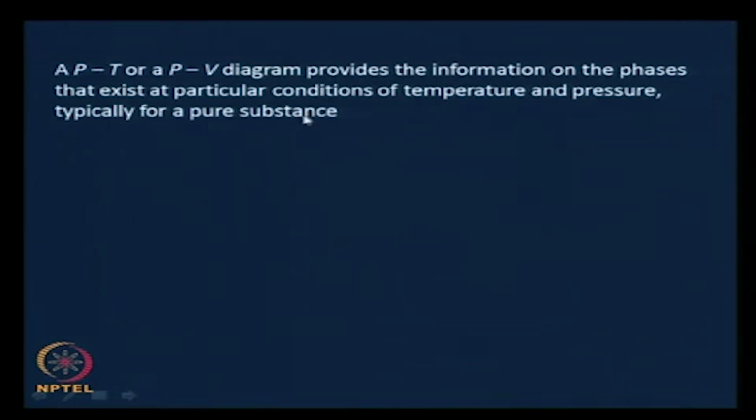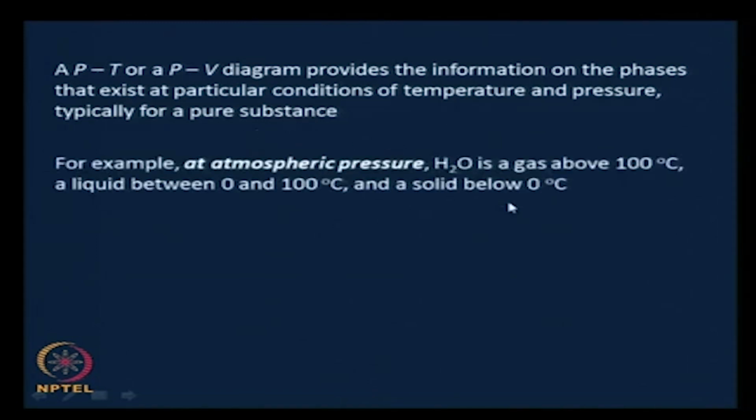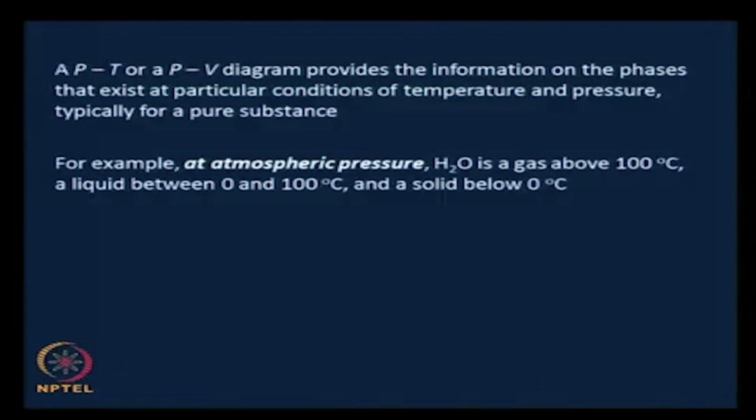We had already mentioned this: a PT or a PV diagram provides information on the phases that exist at particular conditions of temperature and pressure, typically for a pure substance. For example, we said that only at certain conditions of pressure, temperature and specific volume do these transitions exist.